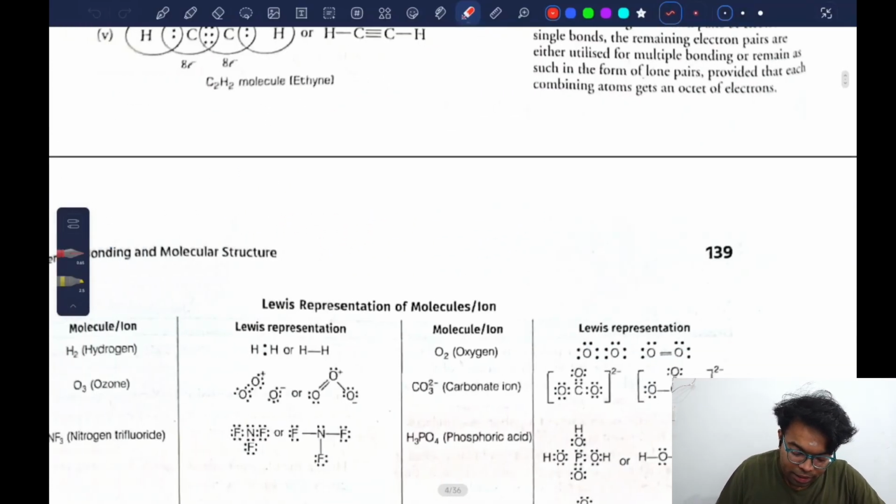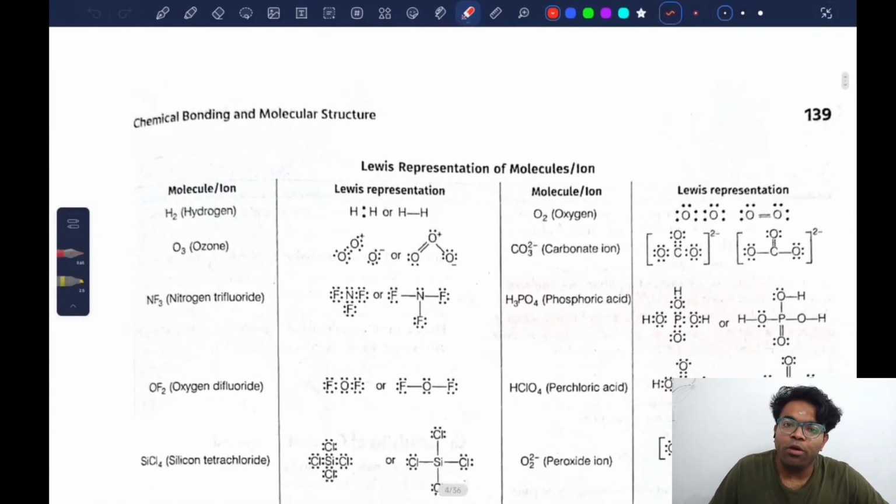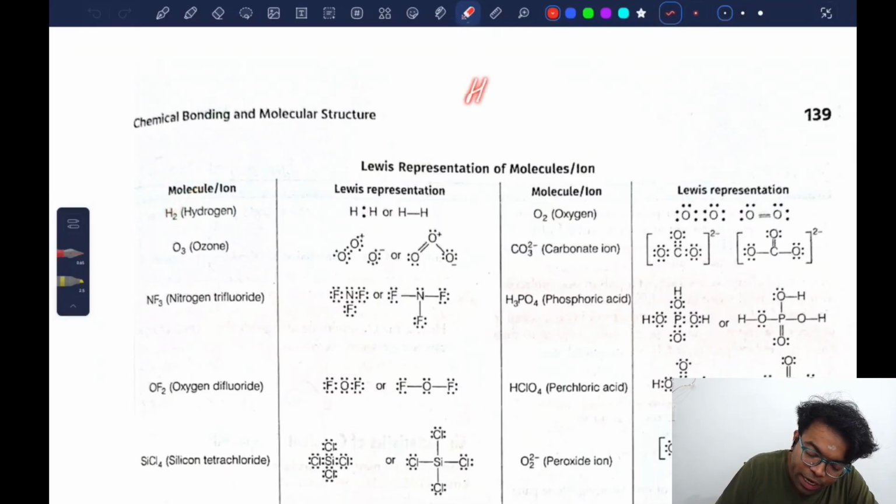Now next, we are going to look at a few structures of various different types of atoms. First things first, we have the hydrogen atom, hydrogen atom forming a hydrogen molecule. Now we know that the number of electrons present in the outermost shell of a hydrogen atom is 1. Hydrogen only has 1 electron to begin with. Now basically what is happening, we will draw a hydrogen here, and a hydrogen here.